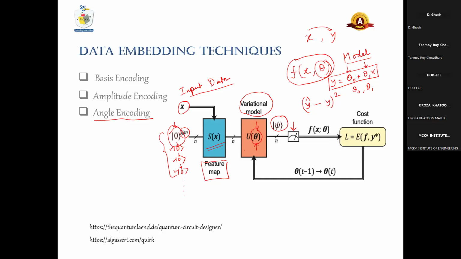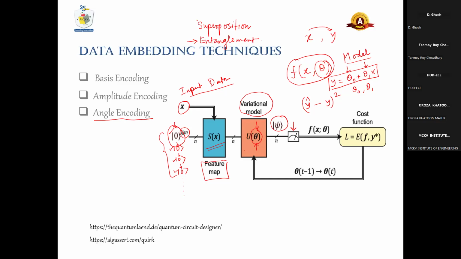And the second difference is the variational model in a quantum machine learning circuit, which is based on the principles of quantum mechanics. There are two basic principles that make it different: superposition, which is not there in classical machine learning, and the other is entanglement. I'm not going into the details of entanglement, but I'll show you what entanglement is.